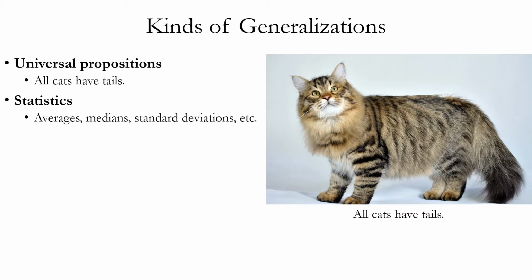If you say that all cats have tails, that means that each individual cat has a tail. Whereas if you give a statistical average, that's not making a claim about each individual value in a set of data. It's a claim about the values as a whole, but it still counts as a generalization because it applies to a group or set of things.